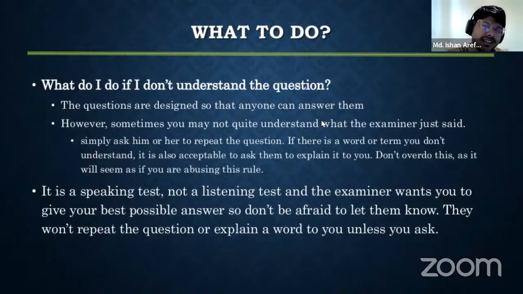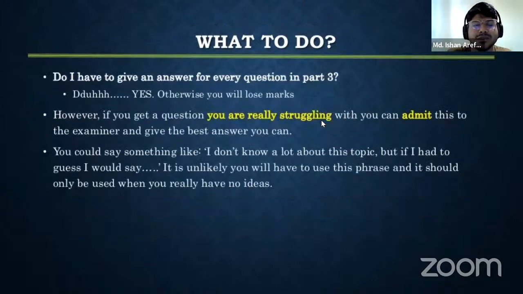Try to tell everything. Of course, your answers have to be related to the question, so they have to be cohesive. You should use different vocabulary and appropriate tense. But just try to speak as much as possible.